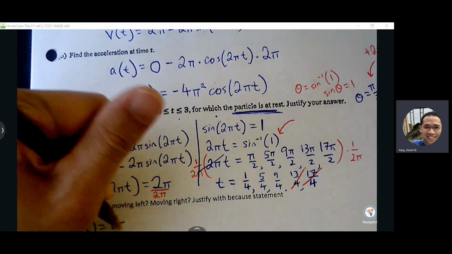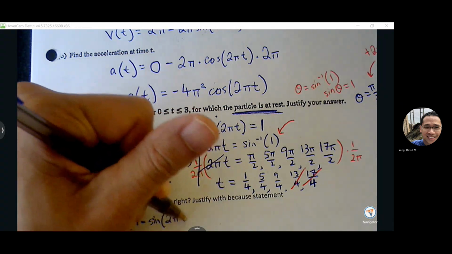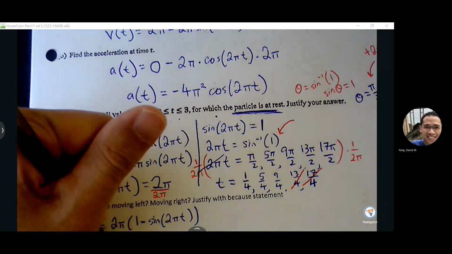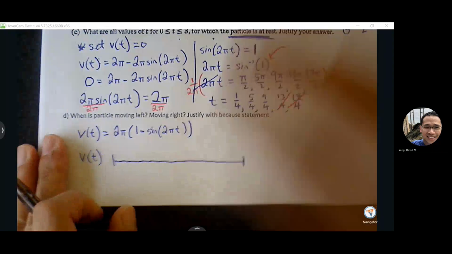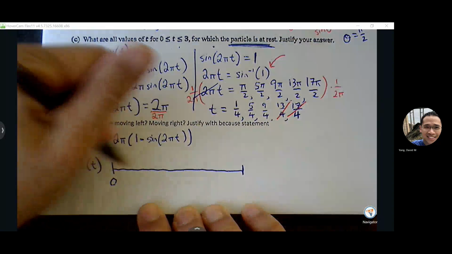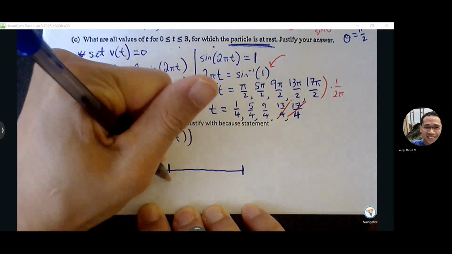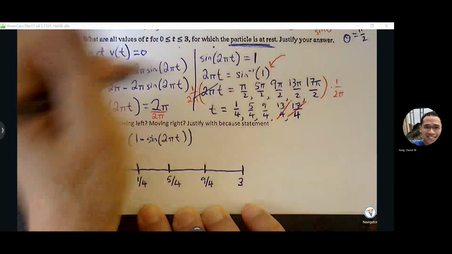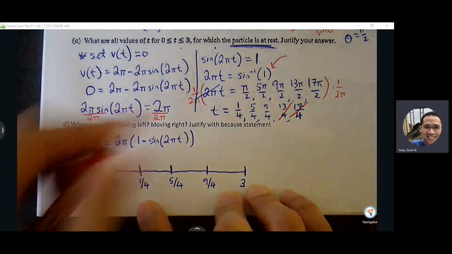I'm going to clean up my velocity function a bit, factor out a 2 pi. Okay, so I'm going to choose values in each subinterval here.